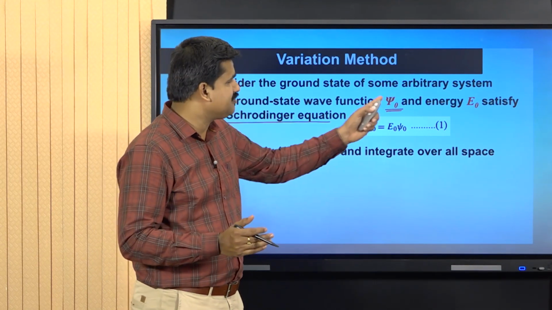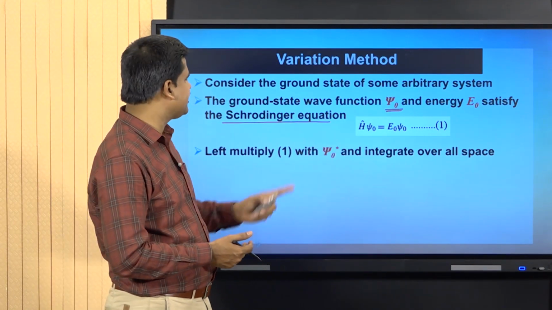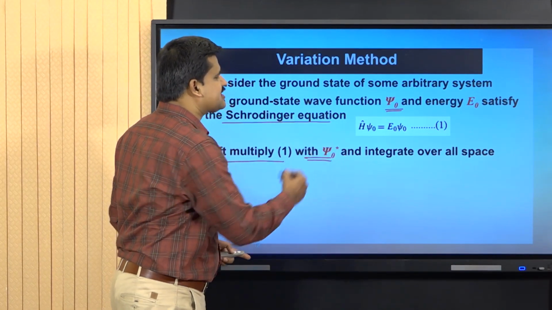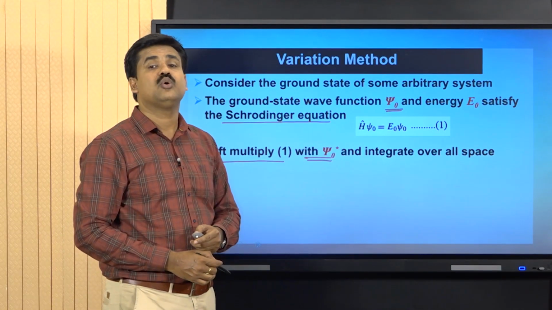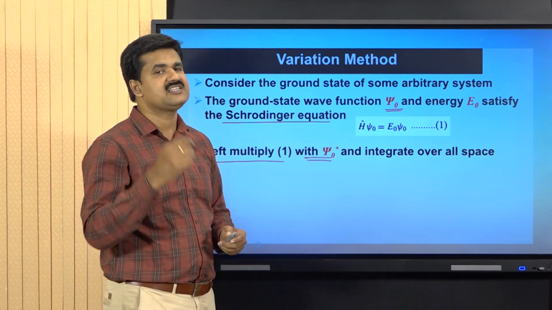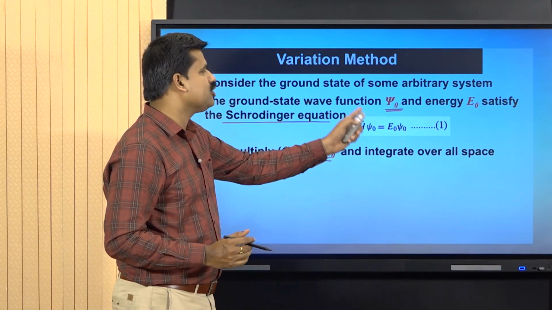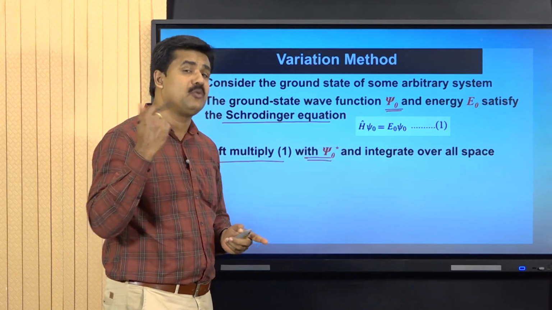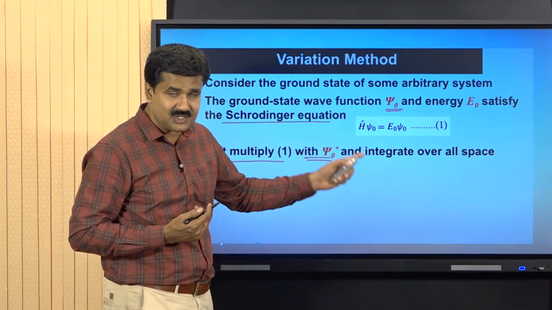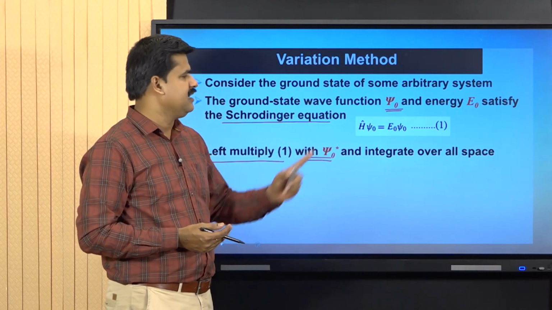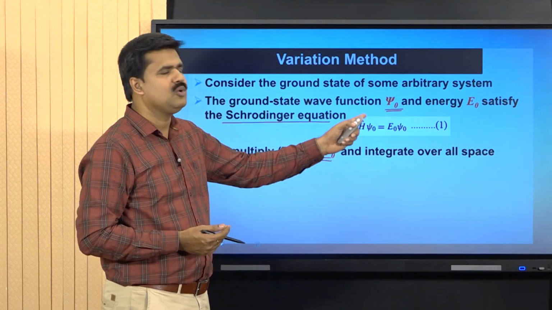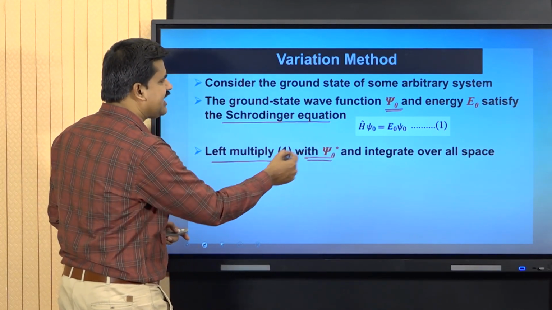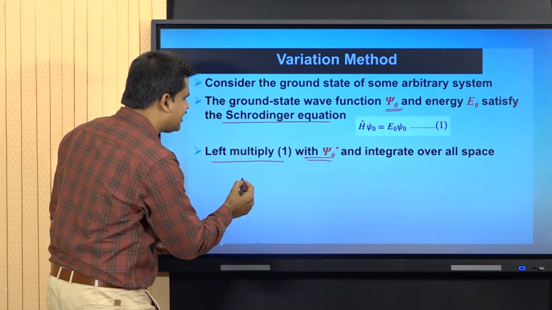For that, I am taking this basic Schrodinger equation, and left multiplying equation 1 with psi0 star, the complex conjugate of the ground state wave function psi0, and integrating over all space, that is from minus infinity to plus infinity. Multiply first and then integrate.